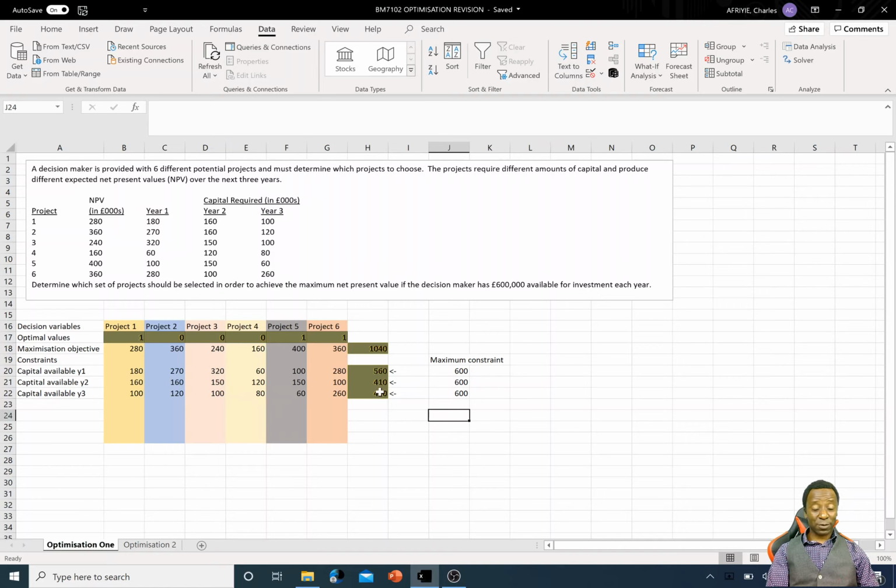And because we have some slack, maybe we can decide on what to do with that capital to keep ourselves going.